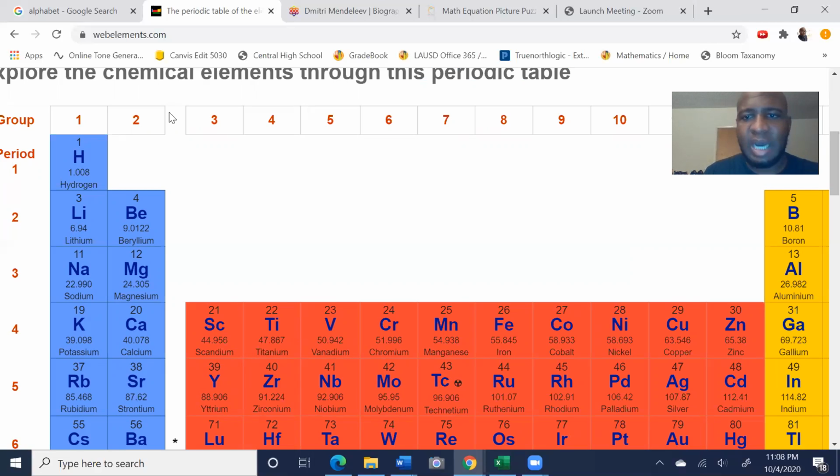The number on top of the element is called, get ready to draw, the atomic number.